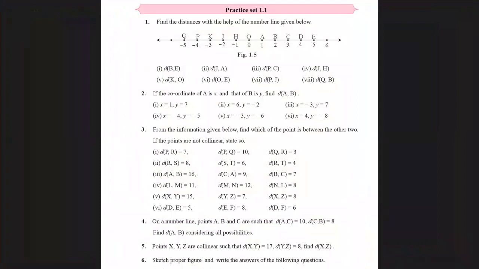You are supposed to find the distance A comma B. The coordinates of A and B in this question are given as X comma Y. The values are given separately. For example, in the first question, X is 1, Y is 7. What is the method? Same as you did for the first sum. Bigger coordinate minus the smaller one. 7 minus 1, 6. That's how you have to do it.